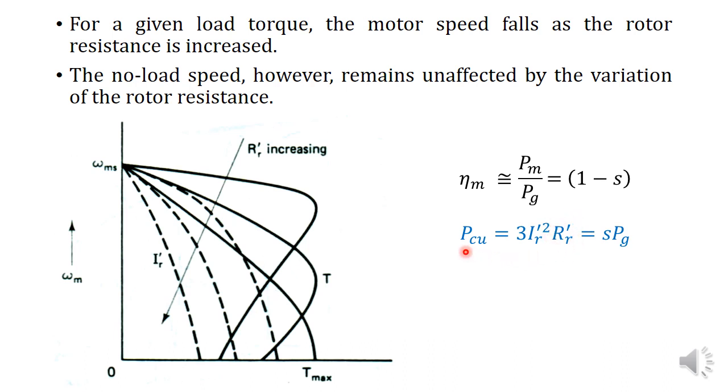So the overall efficiency of the drive decreases as you increase the rotor resistance, since the copper loss increases. But the good thing is we are adding resistance externally, so overheating of the machine will not happen, because the heating will mainly happen in the resistance that is added externally. In the external resistance there will be heating.